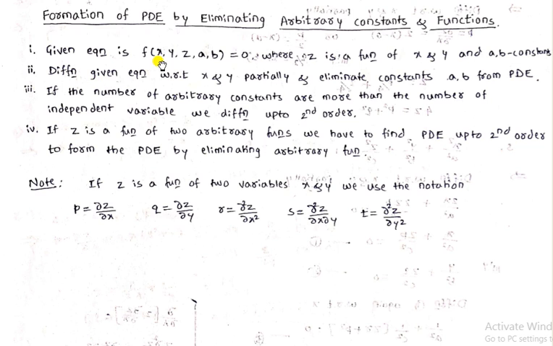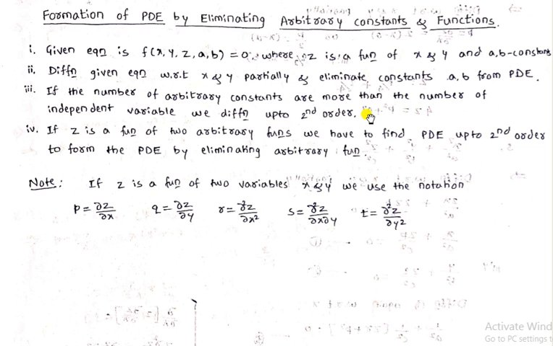Then we differentiate this function with respect to x and y partially, and then eliminate a and b, that is, the arbitrary constants. If the number of arbitrary constants is more than the number of independent variables, we differentiate up to second order.